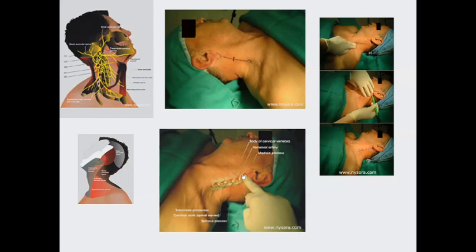Which block we perform. So here the block will be performed, the block that will allow to decrease the pain in the neck and part of the head. This is the superficial and deep cervical block.